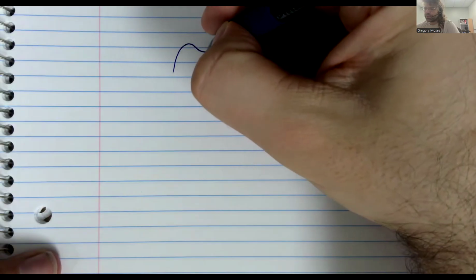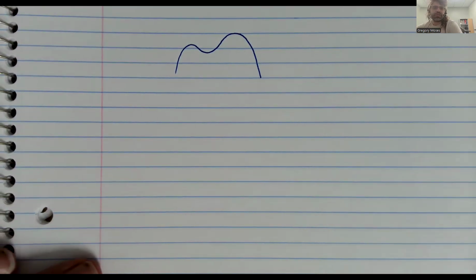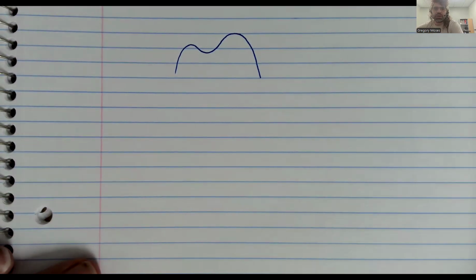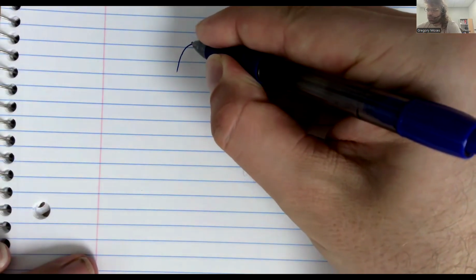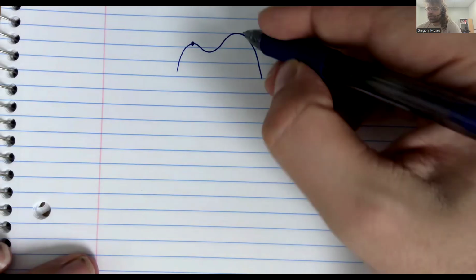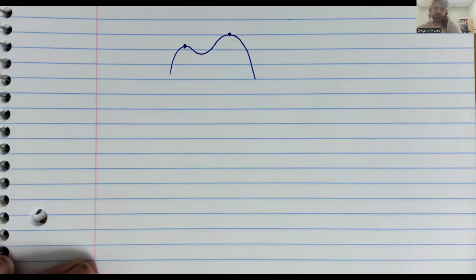So we've looked at local extrema, local maxima, and local minima. A function like this, some sort of fourth degree polynomial, goes up, has a local max, comes down, goes up, has another local max, and goes down.